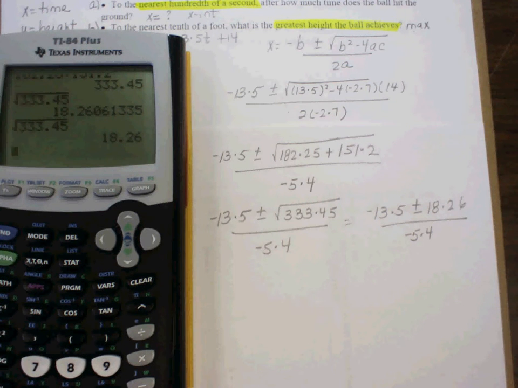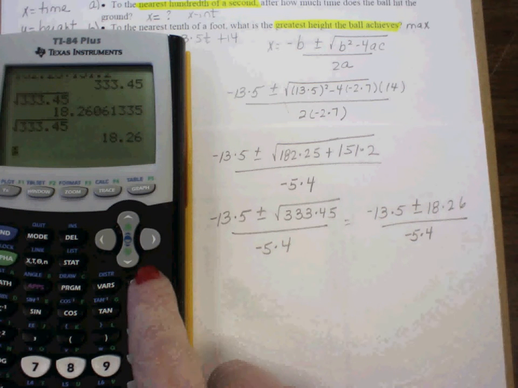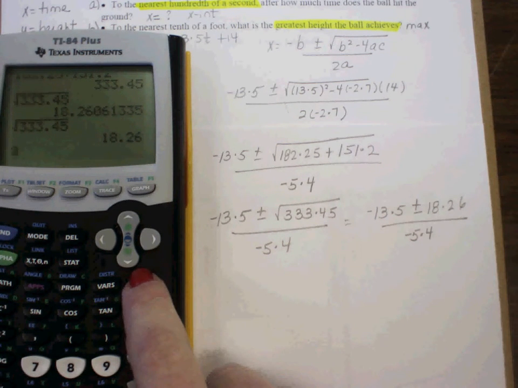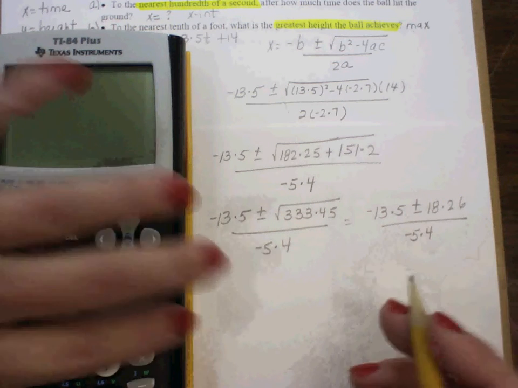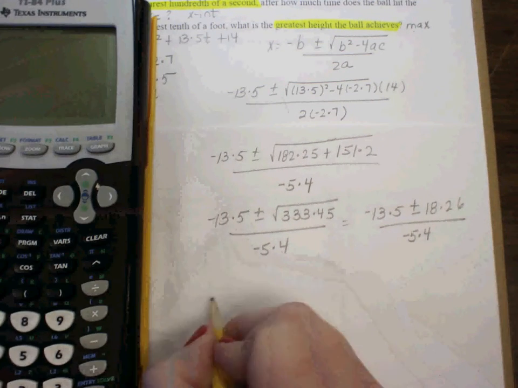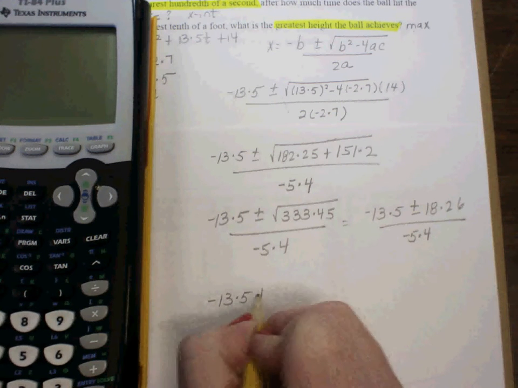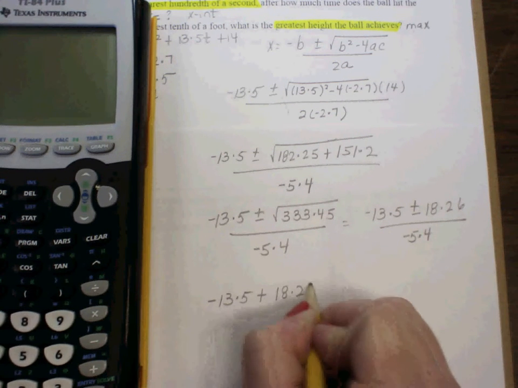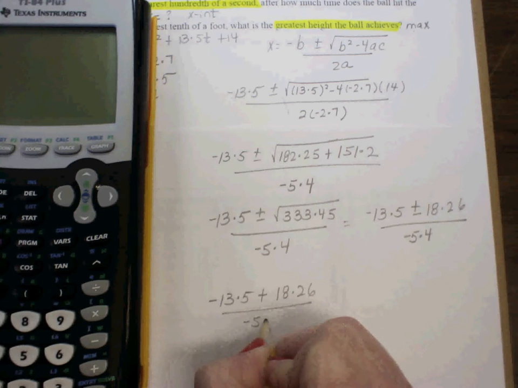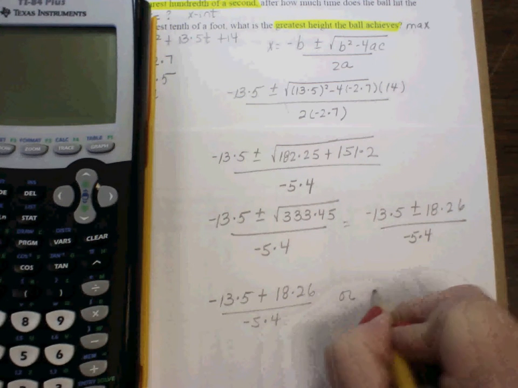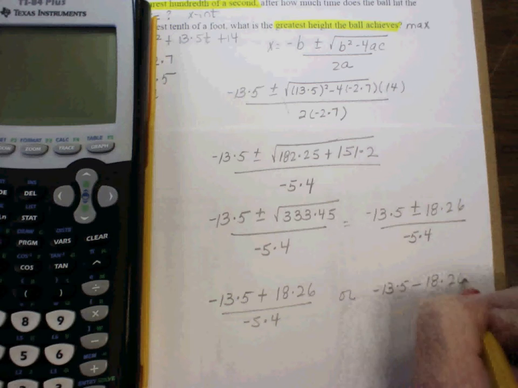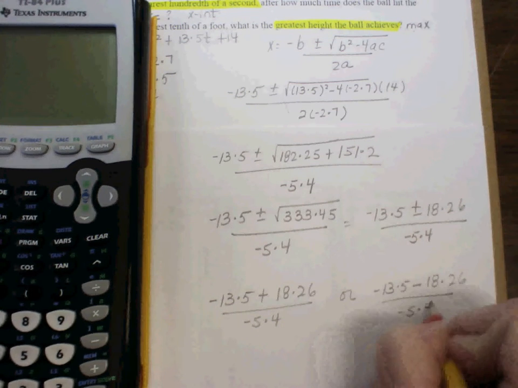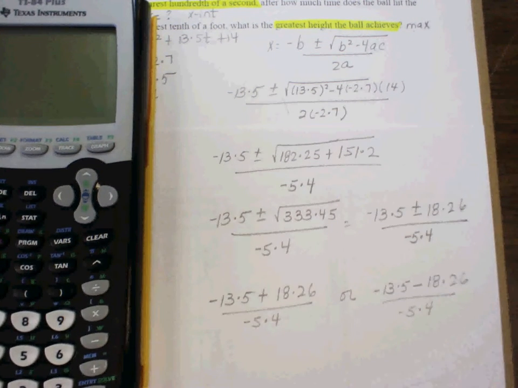Alright, so this is where you turn it into two different problems. That was negative 13.5 plus 18.26 divided by negative 5.4, or negative 13.5 minus 18.26 divided by negative 5.4. So let's do the first one.